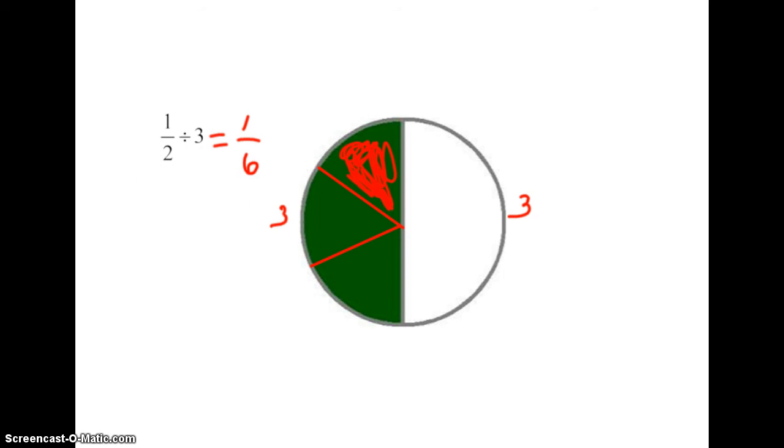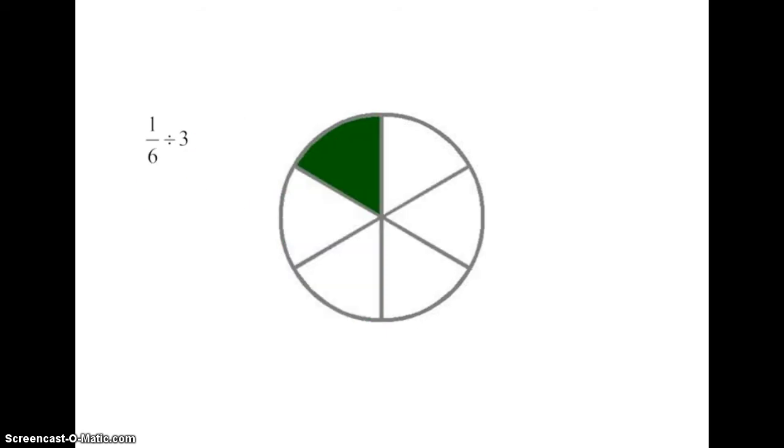Let's take a look yet at another problem. Here we have 1/6 divided by 3. So I'm going to take this 1/6 section because it's 1, 2, 3, 4, 5, 6. So it's talking about 1/6 of this and dividing this into thirds.